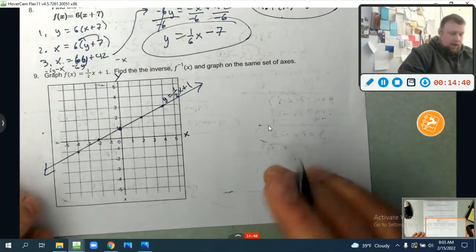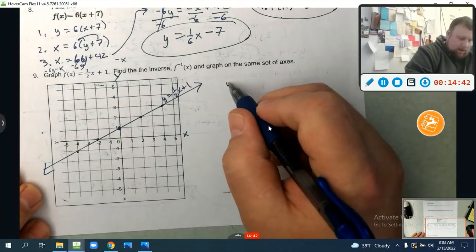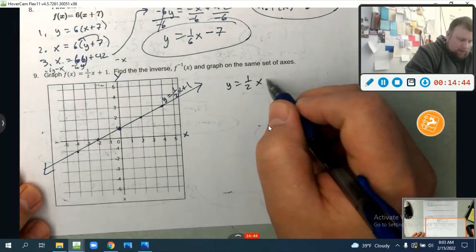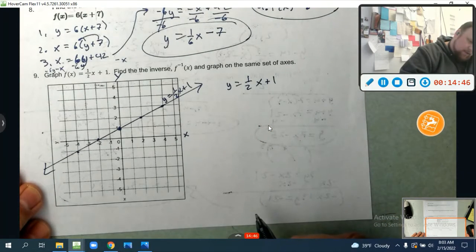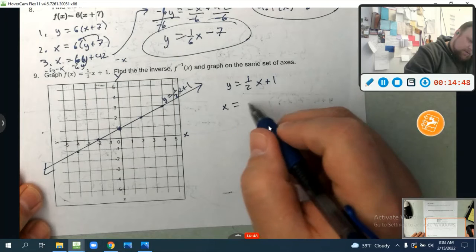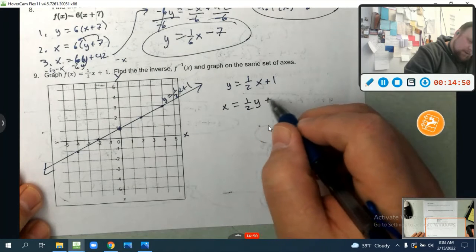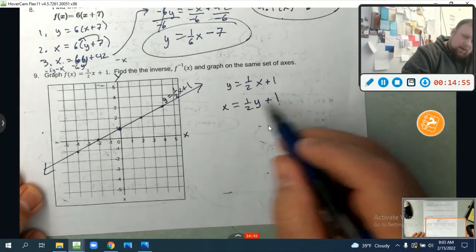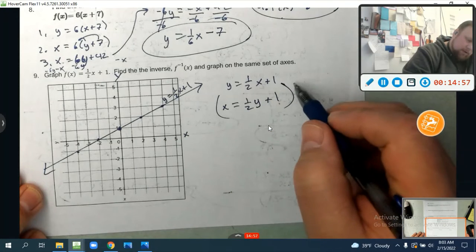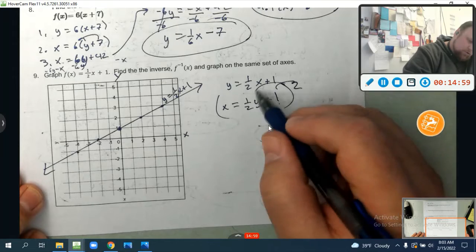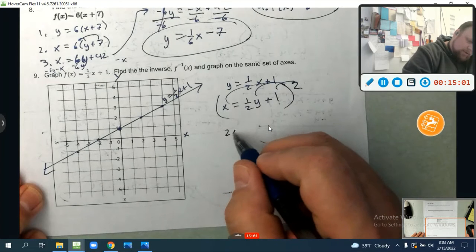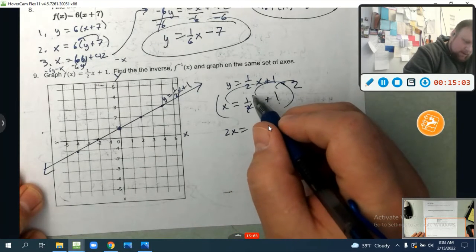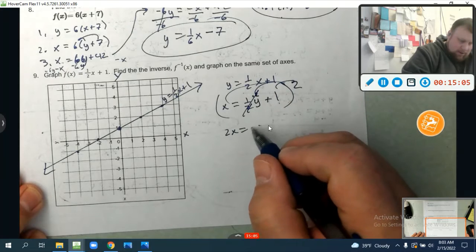Now we got to find the inverse. So again, I'm going to have y equals 1/2 x plus 1. I'm going to interchange them. x equals 1/2 y plus 1. And I'm going to get rid of that fraction, so I'm going to multiply through by 2. I end up with 2x equals, that goes away because it's times 2, y plus 2.